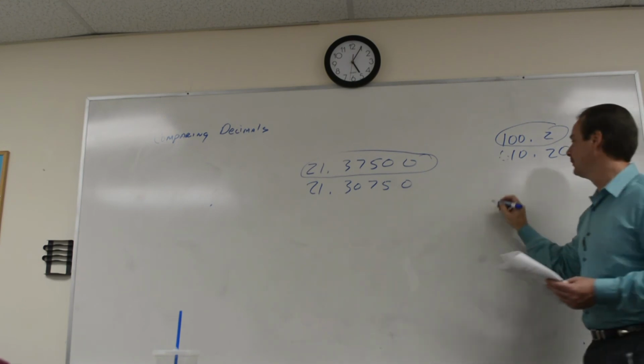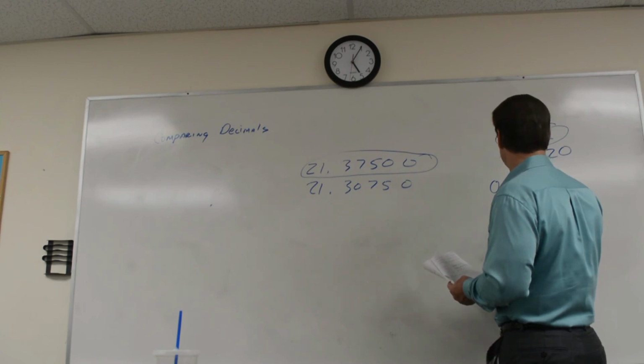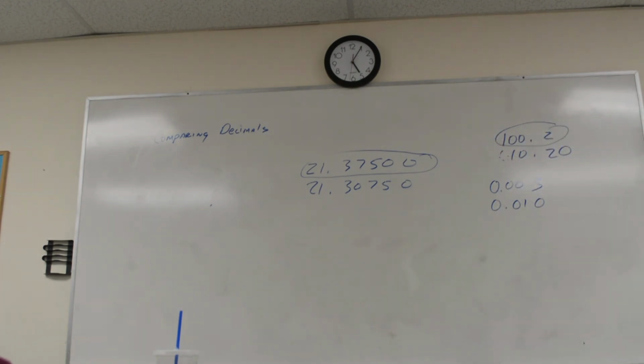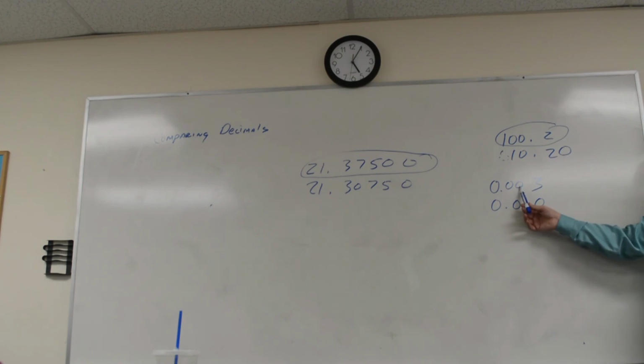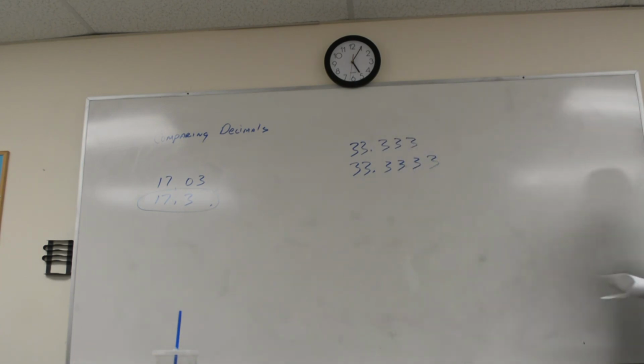How about this? The bottom one is larger, because of the place value. In the hundreds column, this has 0, this has 1, so this is larger than this. The bottom one.